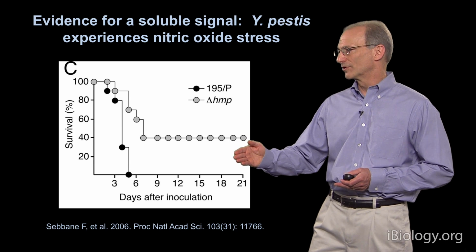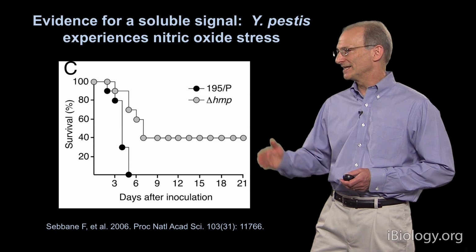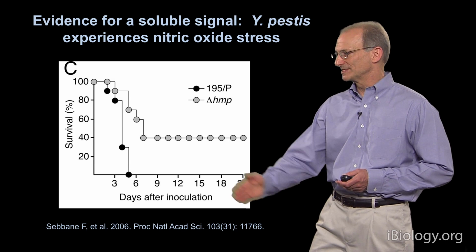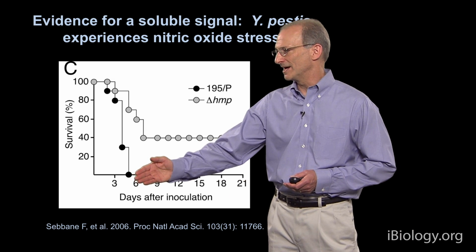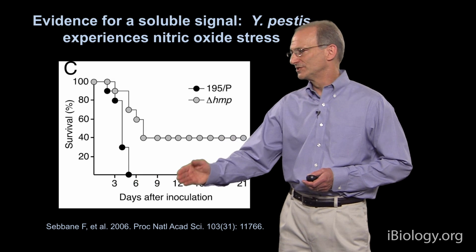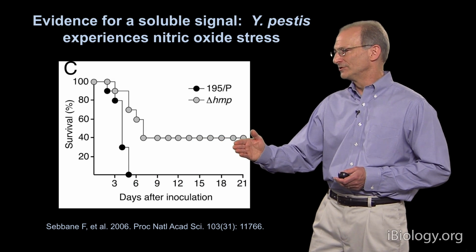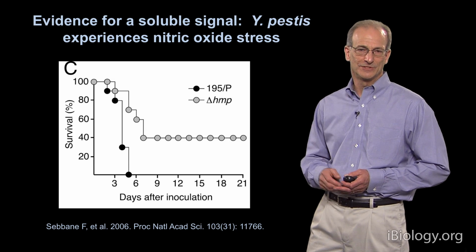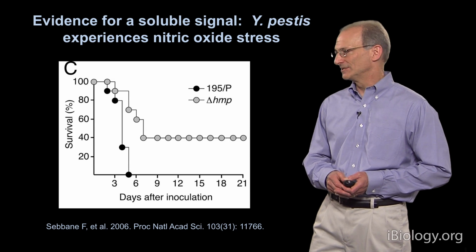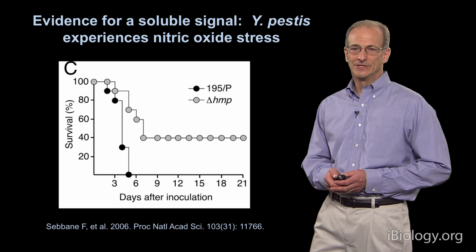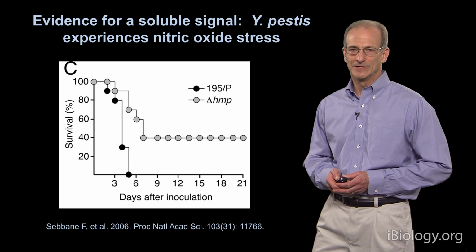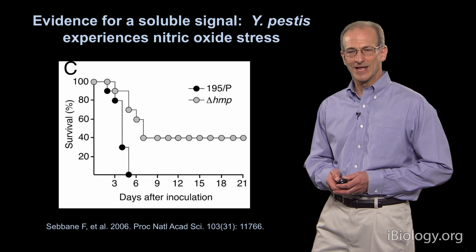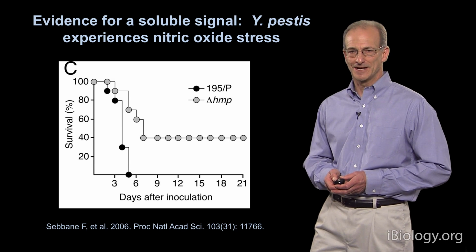And what Saban and co-workers showed a number of years ago is that if you don't have HMP, then Yersinia pestis, which causes a lethal disease in mice, shows delayed or no death in animals if the bacteria are unable to make the HMP protein. So we decided to investigate this in detail, and there were reasons for thinking that HMP would be an important protein to look at, because HMP is a gene that's highly regulated by the presence of nitric oxide.